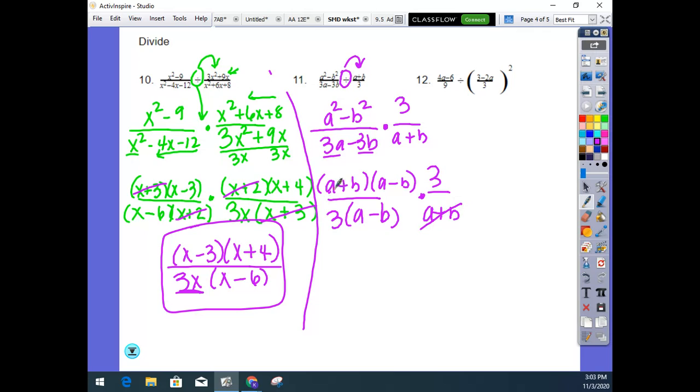The a plus b, a minus b cancels. Oh, and the 3 cancels. So 3 divided by 3, when you divide everything by itself, I'm left with 1. I'm going to clear this off just to make room for number 12.